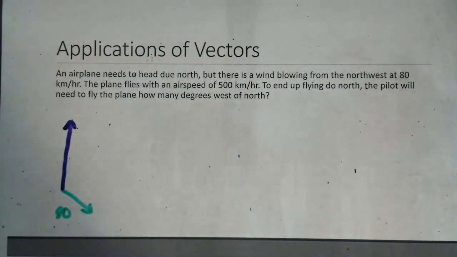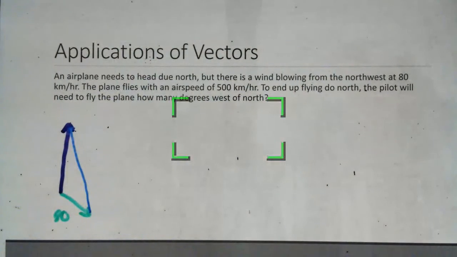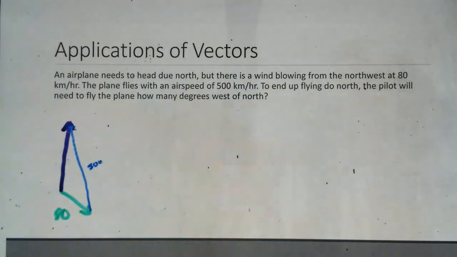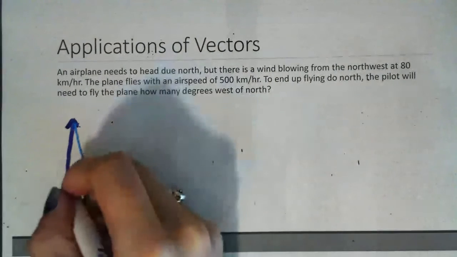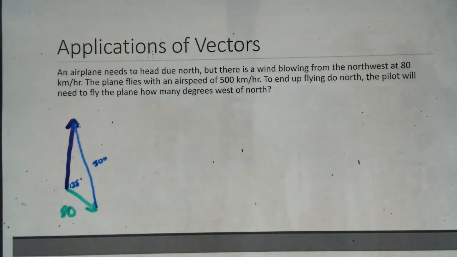That's how it wants to end up. So we need to figure out what it needs to do in the meantime to end up going that path. And we know it's flying at 500 kilometers per hour. Well, kind of like last time, we have a 90-degree angle and a 45-degree angle. So this whole thing is 135 degrees.